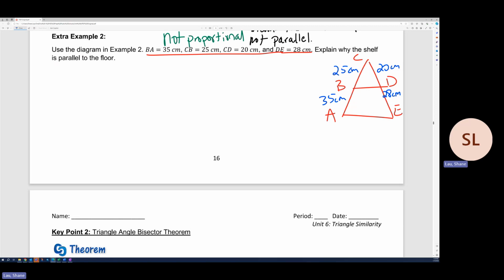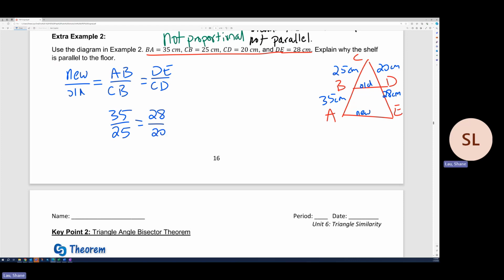We're going to call the old BD and our new AE, and we're going to still set it up the exact same. New over old equals AE over CB equals DE over CD. Okay, again, we have all four values. We're going to put them all in place of these letters. So 35 over 25 equals 28 over 20.